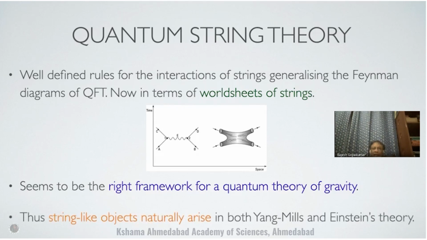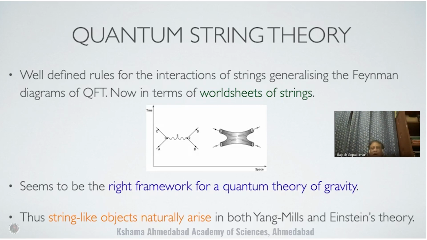So what I have told you so far, just to make sure I haven't lost you, is how string-like objects very naturally arise in the Yang-Mills theories, like in the strong interactions, which in itself owes its origin to the electromagnetic interaction. And we saw how string-like objects from these lines of flux will appear. But now I'm telling you that they also appear in Einstein's theory to describe curved space-time.